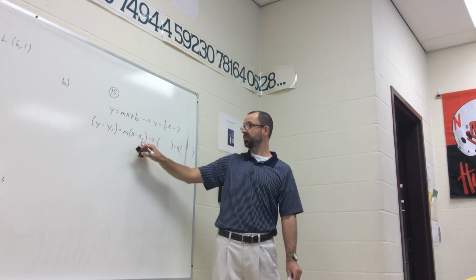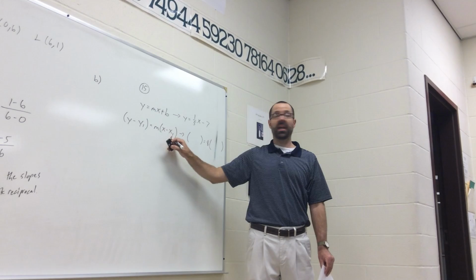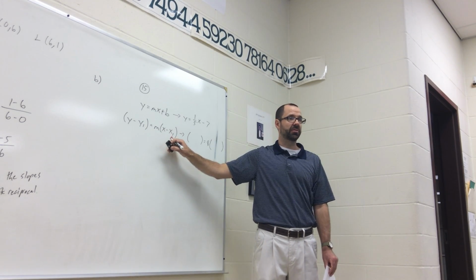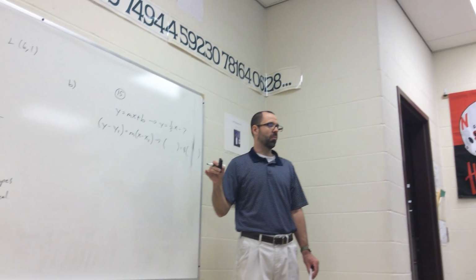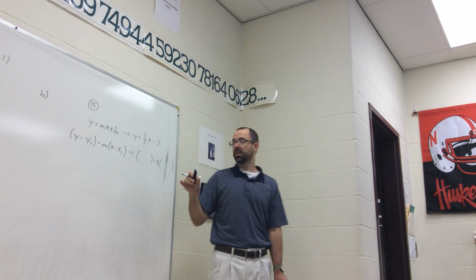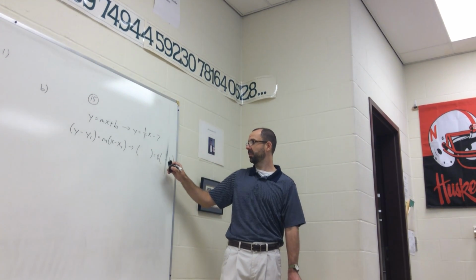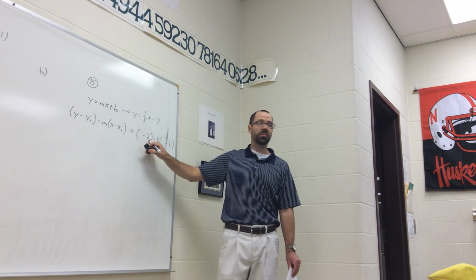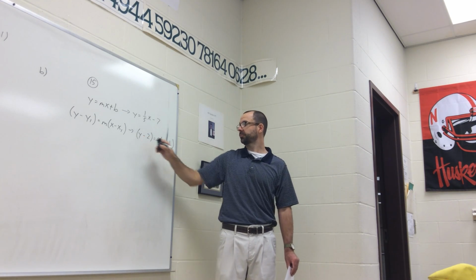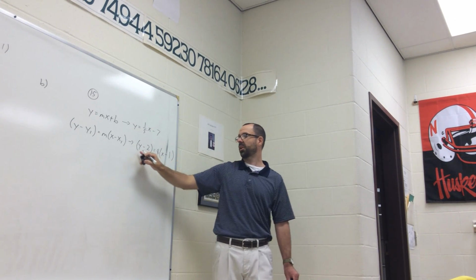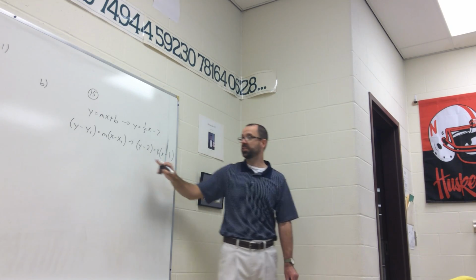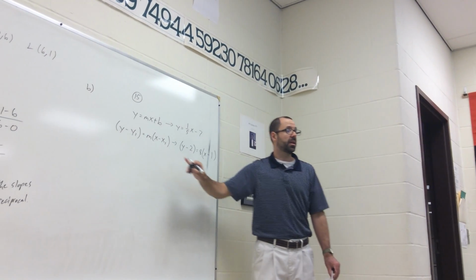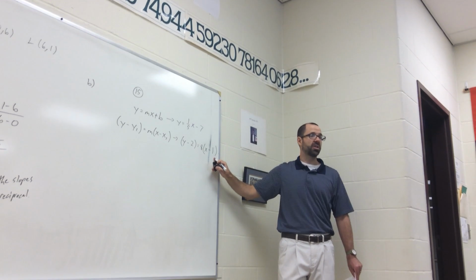And then these two are going to be numbers, and it's a point that the line goes through. So maybe the line goes through the point 1, comma 2. So then this would be a 1, and that would be a 2. Okay, so this is point slope form. This is the general template, and then this is a specific example.